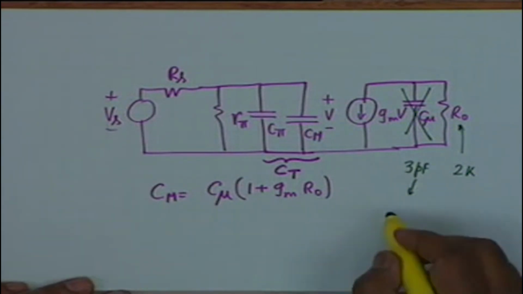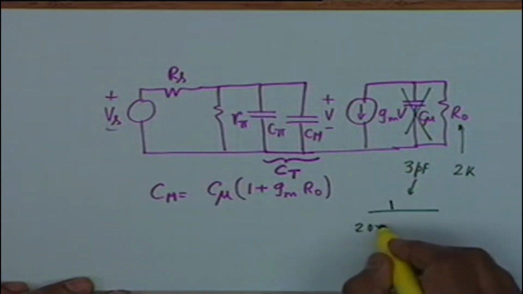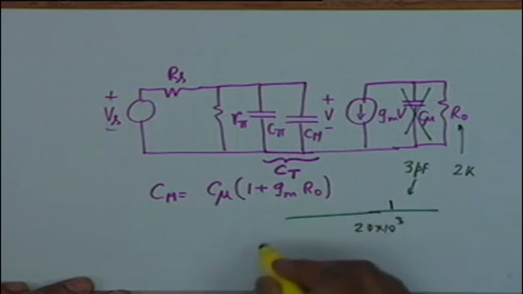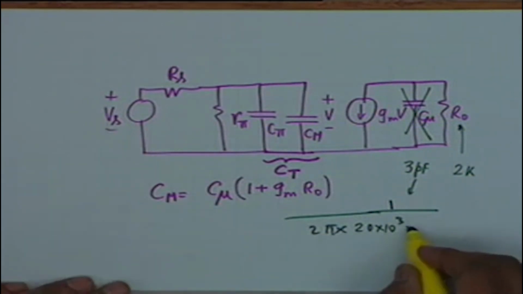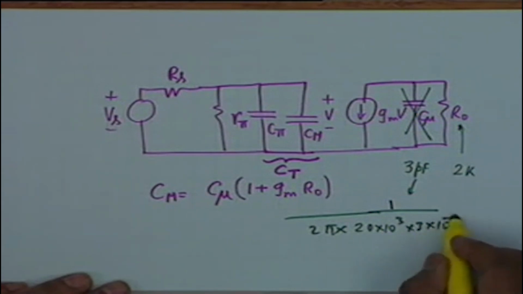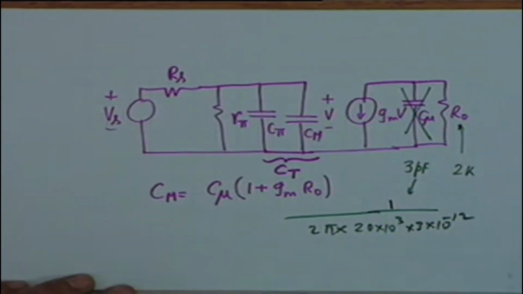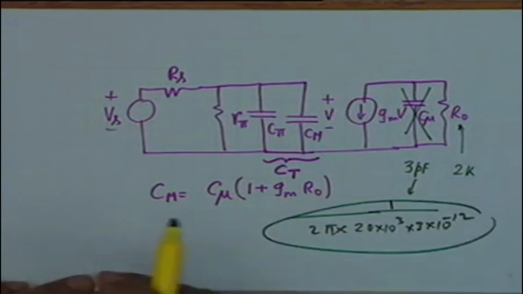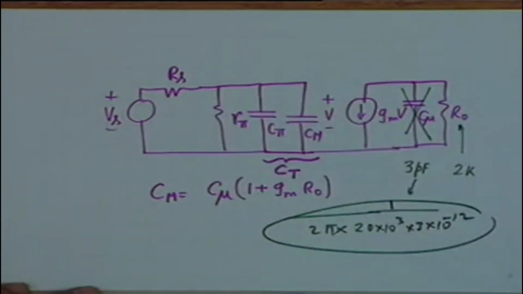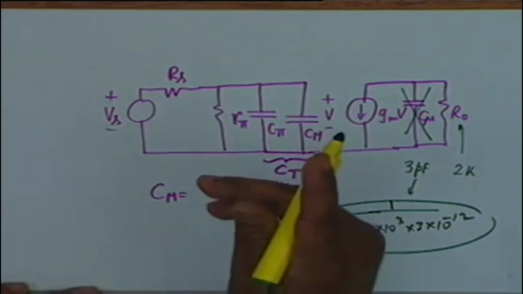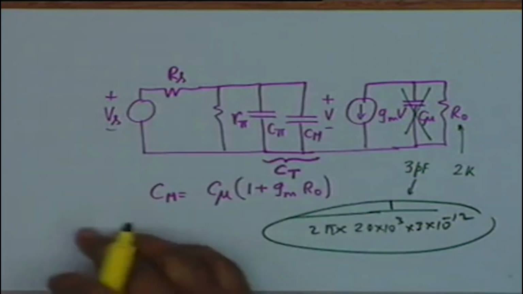So at 20 kilohertz, the impedance of 3 pF is 1 over 2 pi times 20 times 10 to the 3, multiplied by 3 times 10 to the minus 12. And if you calculate this will be very large compared to 2K. It would be of the order of megs, and therefore the effect of C mu can be ignored. A large impedance shunting a small impedance has no effect, and therefore we ignored that.